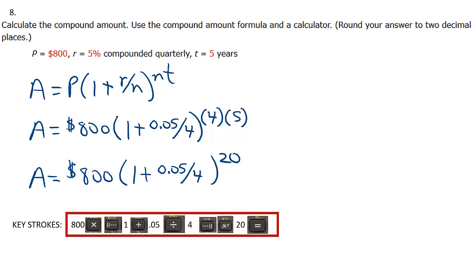That 20 is in the exponent, so you have to hit the X to the Y button and type in the 20, and when you press equal to, you get A is equal to $1,025.63. So you're perfectly welcome to do it in stages like I've done some of the earlier ones, but really you might want to just consider doing it by typing it in all at once. You multiply that 5 times 4 and get 20.